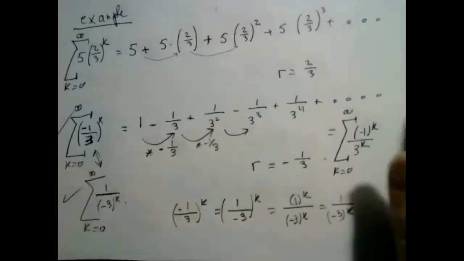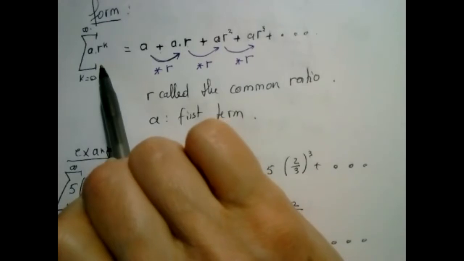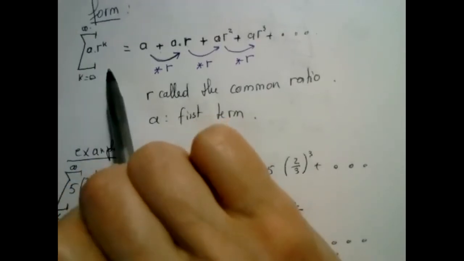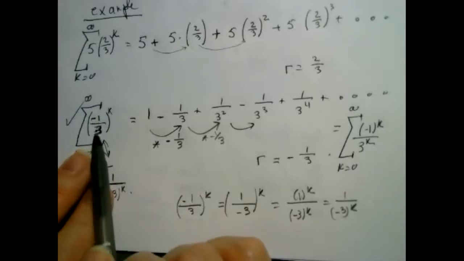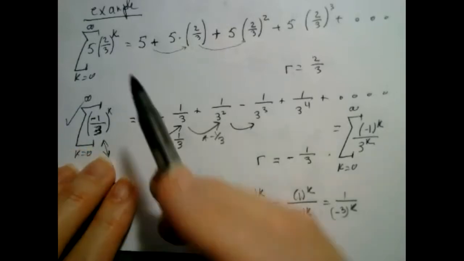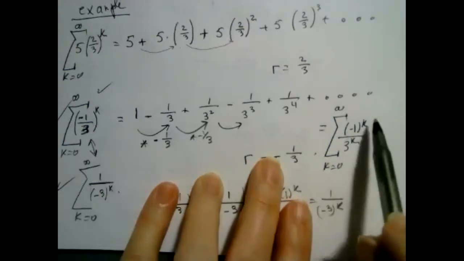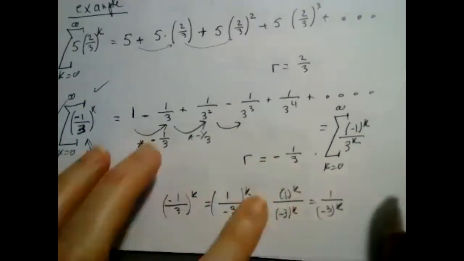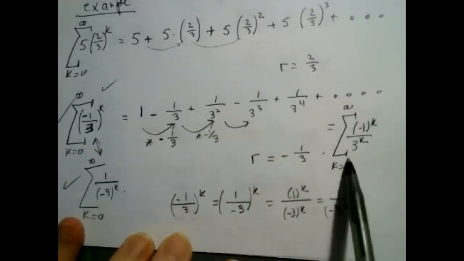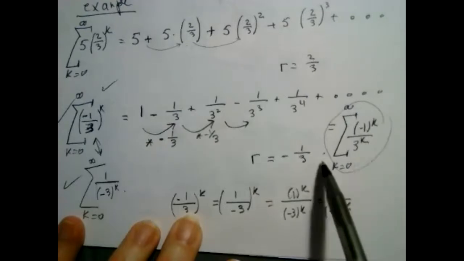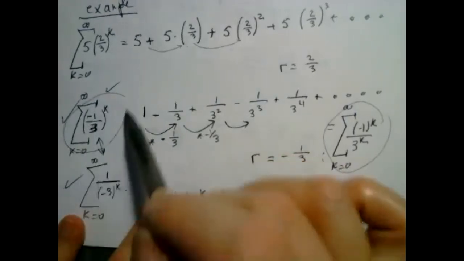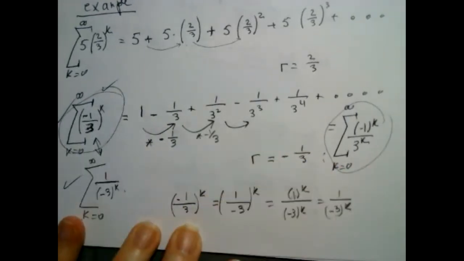This way of writing should reflect the original definition of geometric sum, (-1/3) to the k, telling you that -1/3 is the ratio. Or you can write it as (-1) to the k over 3 to the k. I want you to be able to see all of those, because I want you to recognize a geometric series in each one.